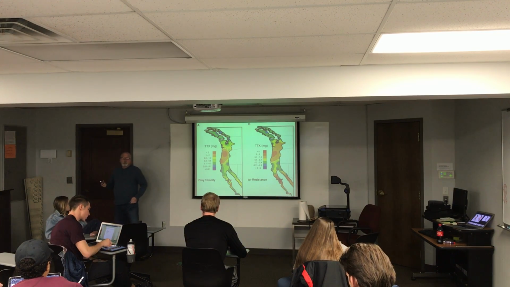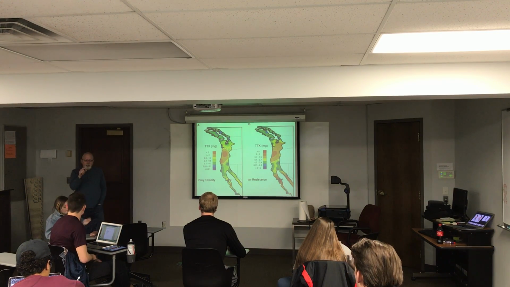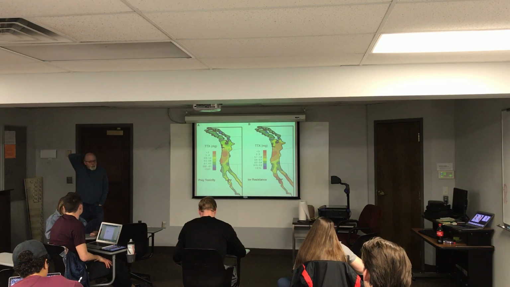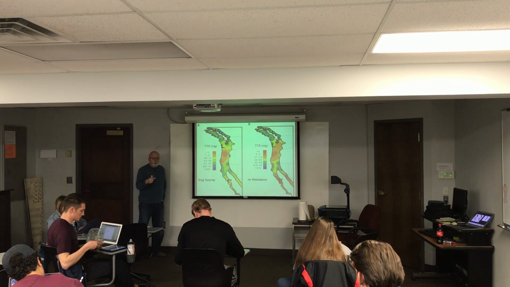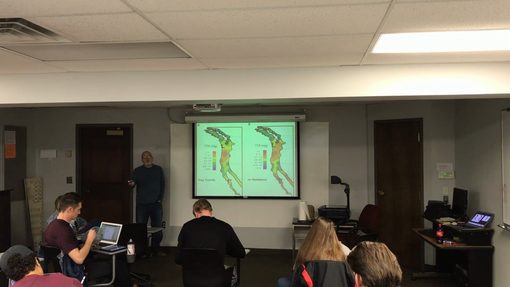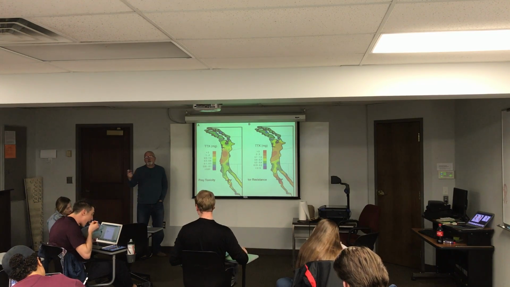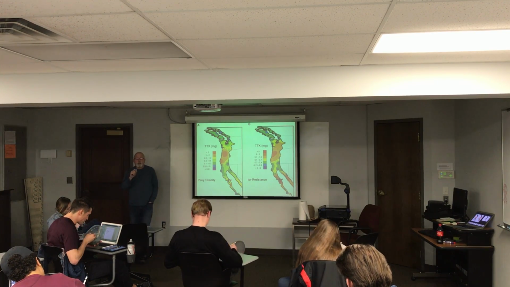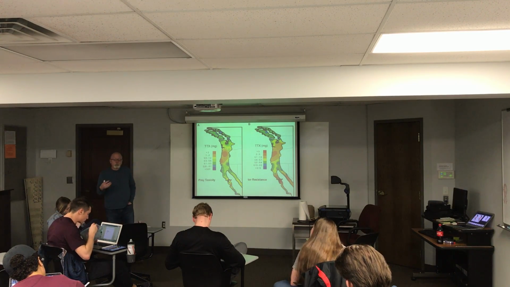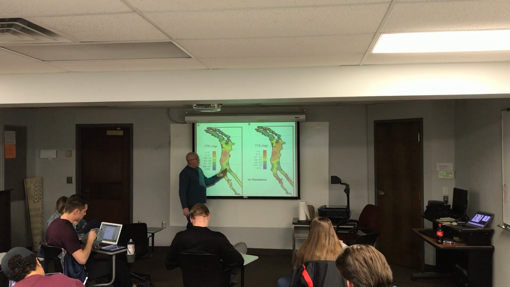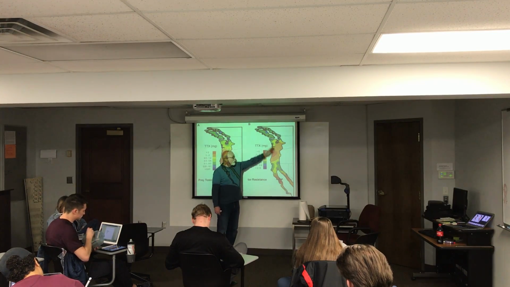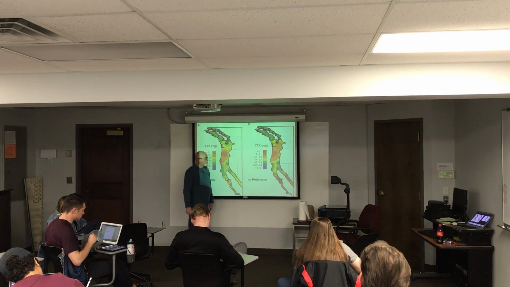The way they measure newt toxicity is they took little patches of newt skin off the back of a newt between its shoulder blades, put it in a solvent, tried to extract all the tetrodotoxin out of the newt, and then ran it through a GC mass spec to measure the quantity of toxin that was in there. And then this is the resistance of the predator, of the snake.